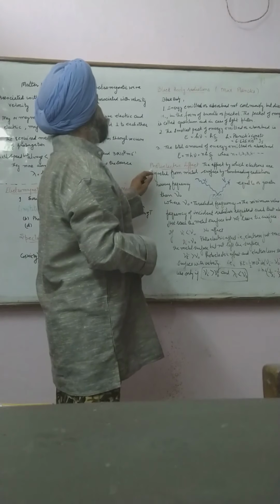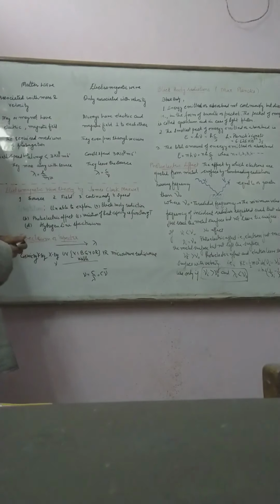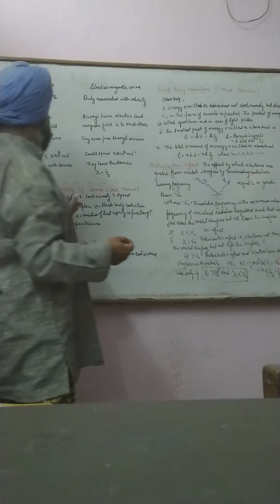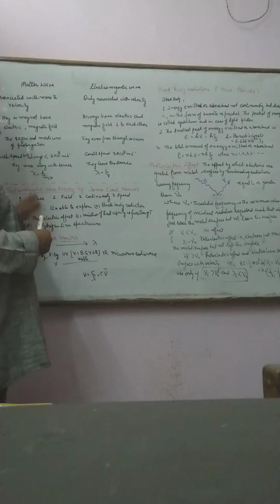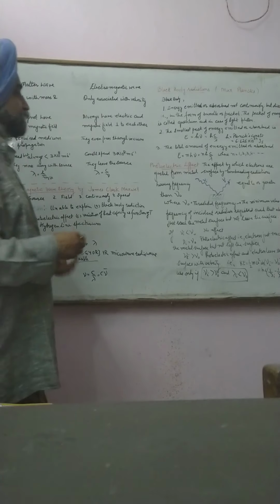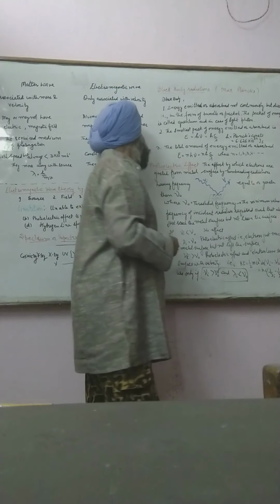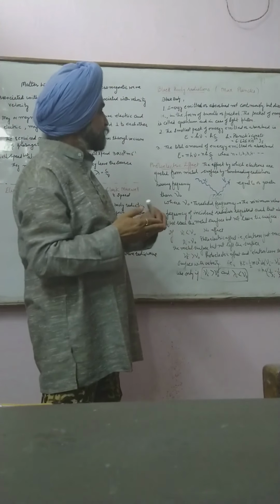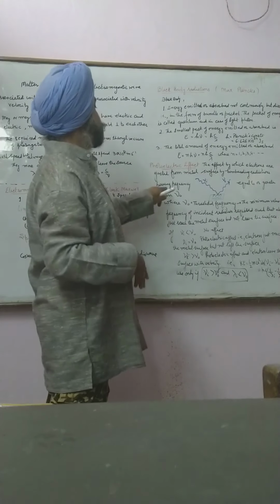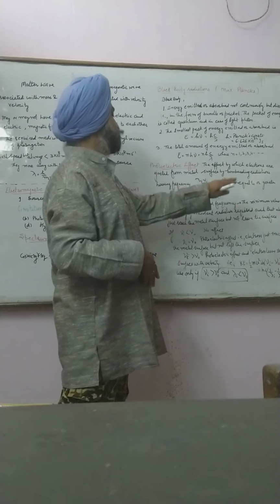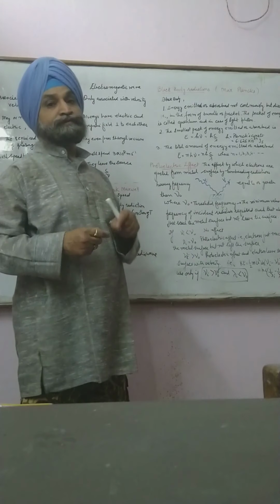Now next topic is photoelectric effect. This was not explained by the Bohr as well as electromagnetic wave theory. The definition is the effect by which electrons are ejected from matter surface by the incident radiation having frequency equal to or greater than threshold frequency.